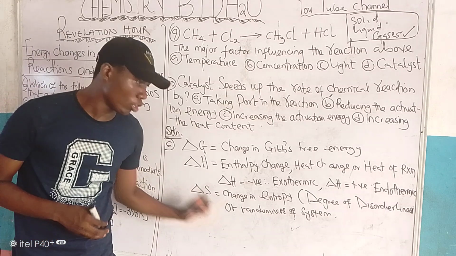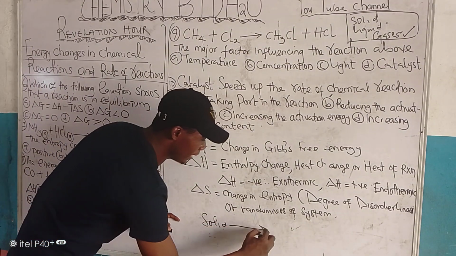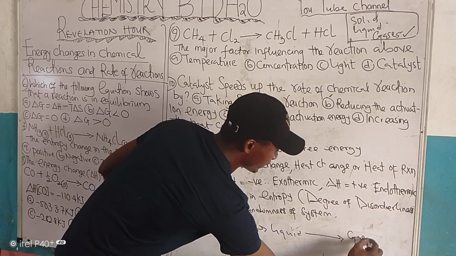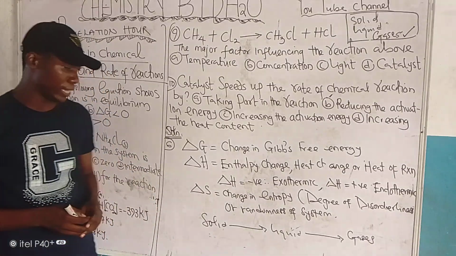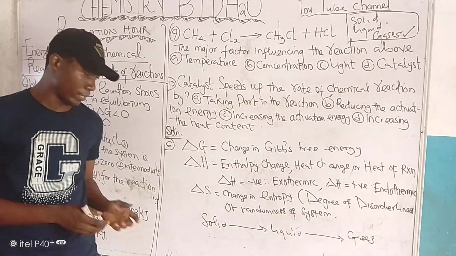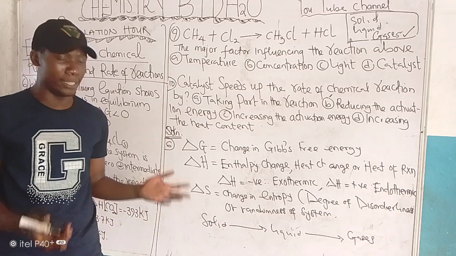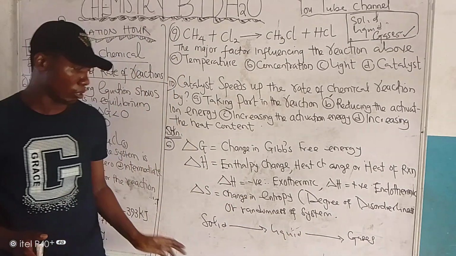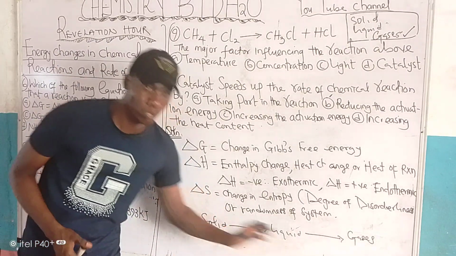Now, your entropy, if I write for you solid, then liquid, and gases, for instance, what do you think is happening to the entropy of this system? The entropy is increasing because the degree of randomness or disorderliness is increasing. Why? Gases are the most disordered state of matter among the three major states of matter.